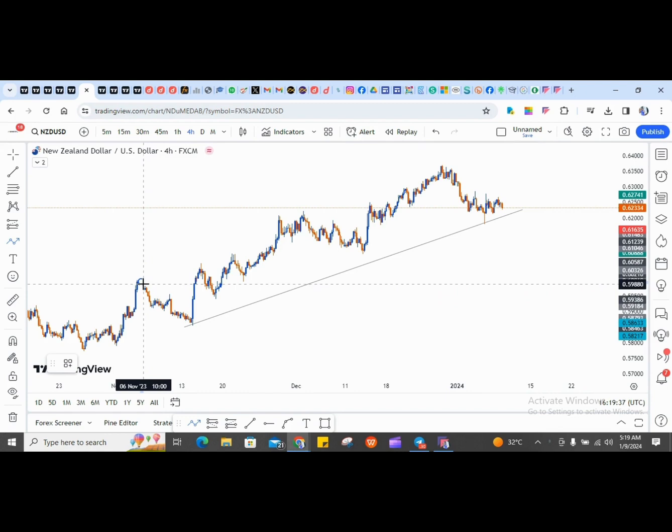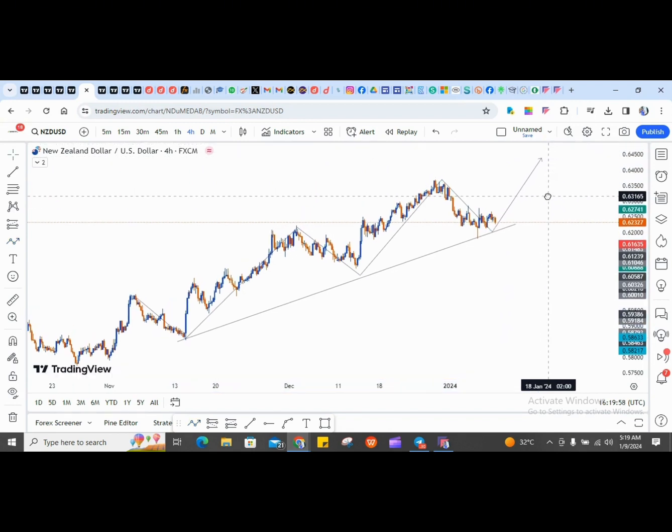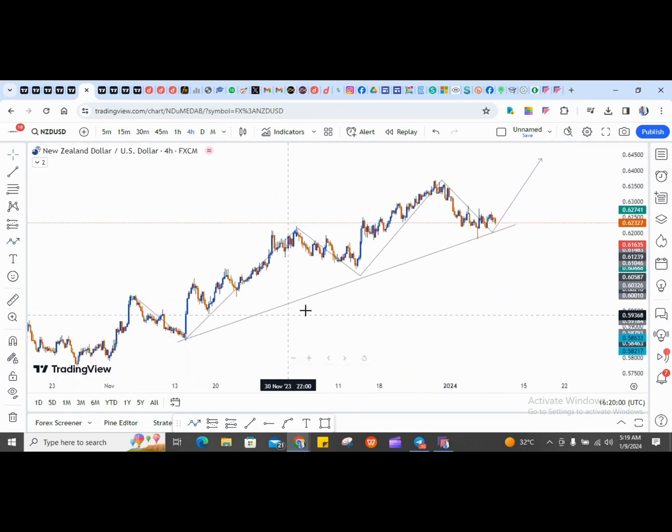Let's say the inception point, or where it started from. So this is our point A, this is our point B, then this is our point C. So right now we should be looking at taking a buy here for the price to continue going upwards. As you can see, point A here, point B here, point C here.